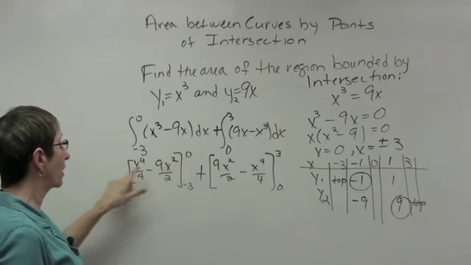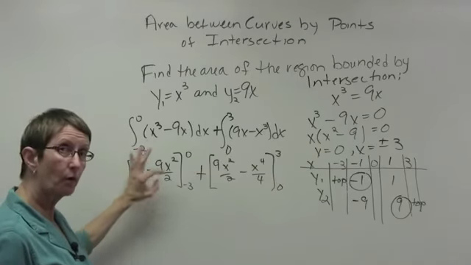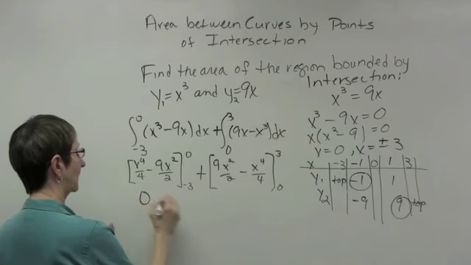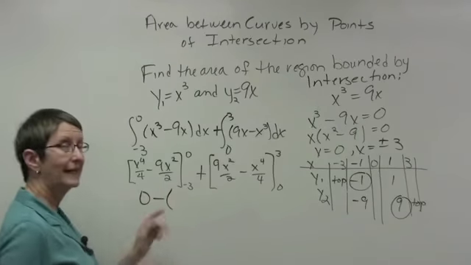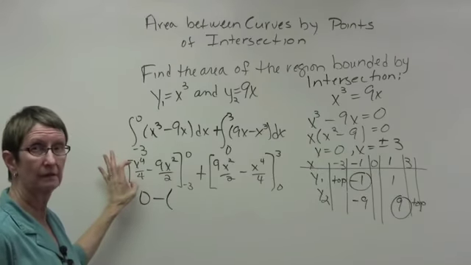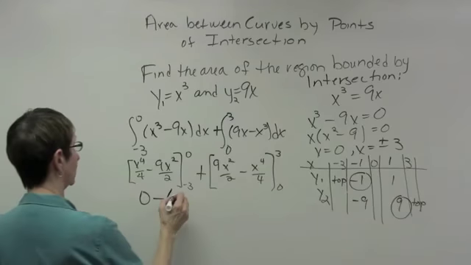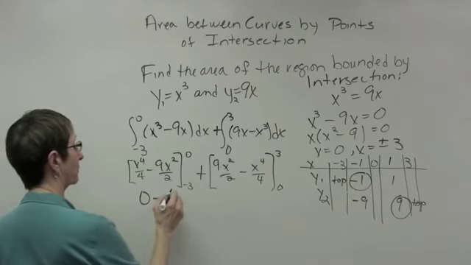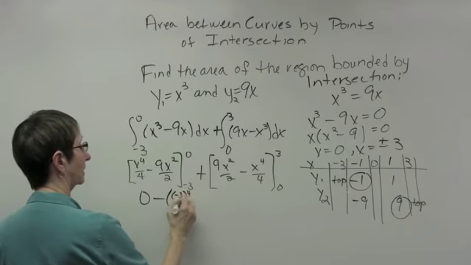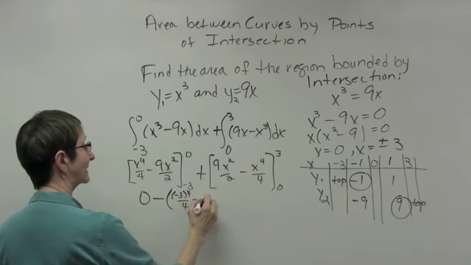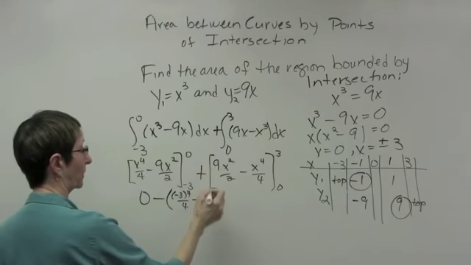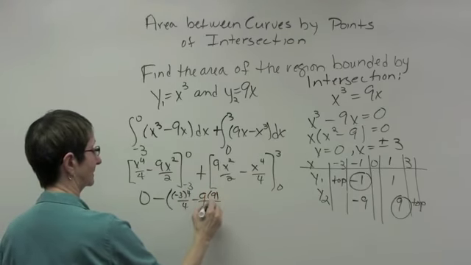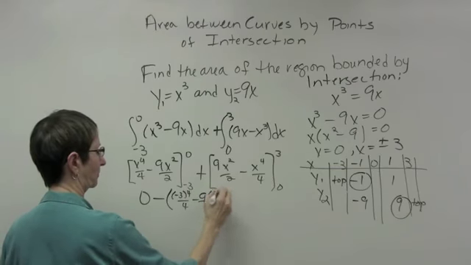When you plug in 0 over here, you get 0 over 4 minus 0 minus, and then you plug in your -3. So if you have negative 3 to the 4th over 4 minus 9 times, and negative 3 squared is 9 over 2.